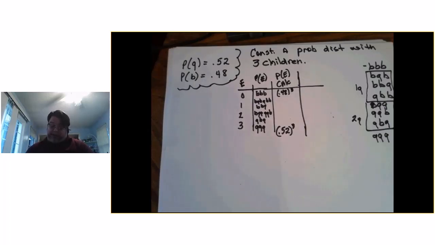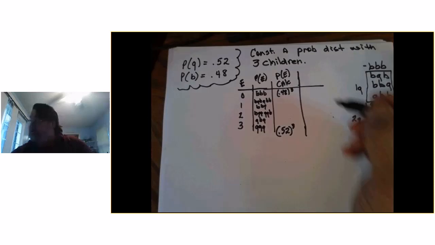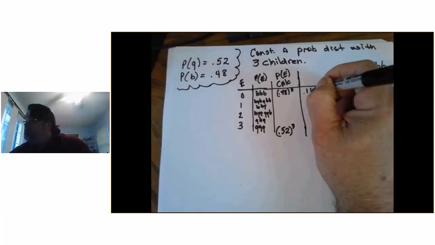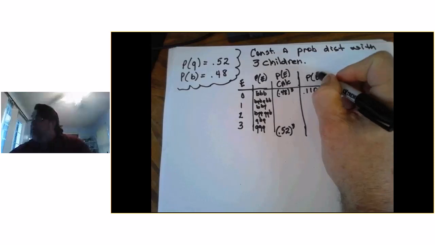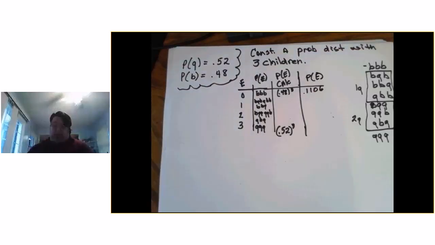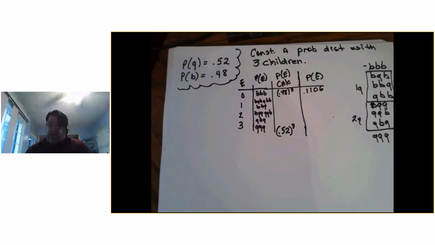I got 0.1106. And this is the probability of the event happening. And then 0.52 to the third power, close parentheses, 0.1406.